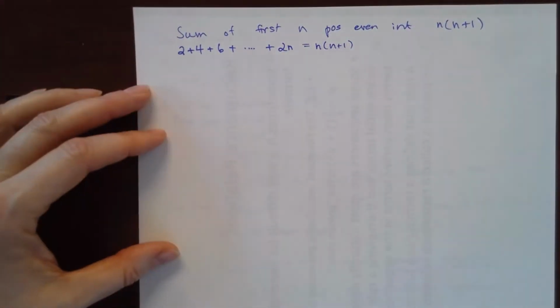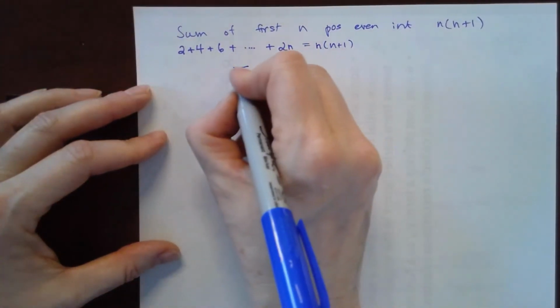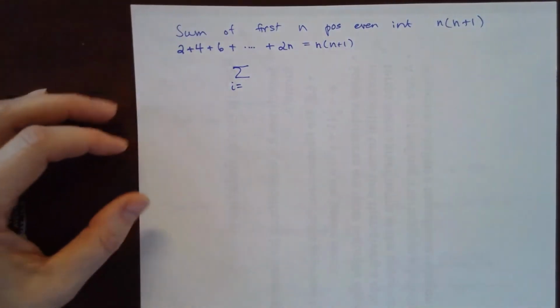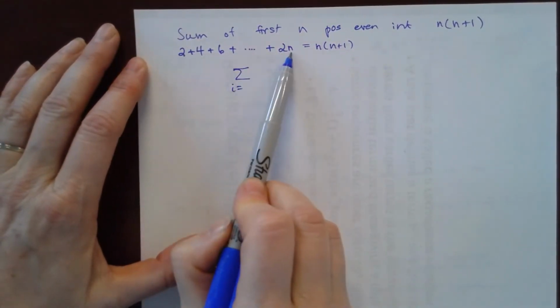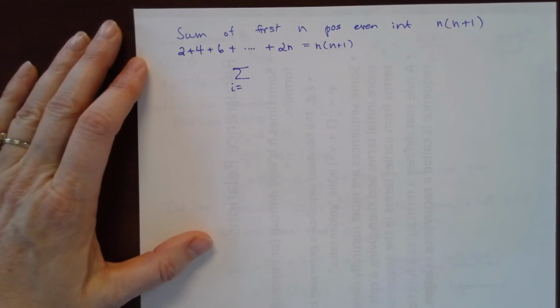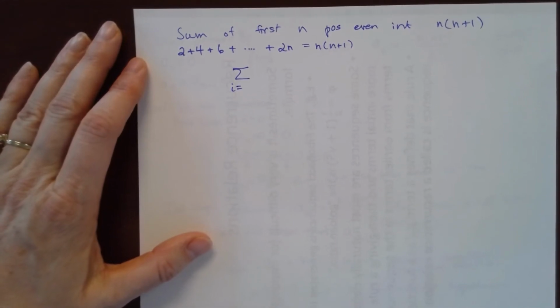So let's write that as a summation. So the summation i equals blank to blank of blank. How would I write this as a summation? How many things are we adding together?